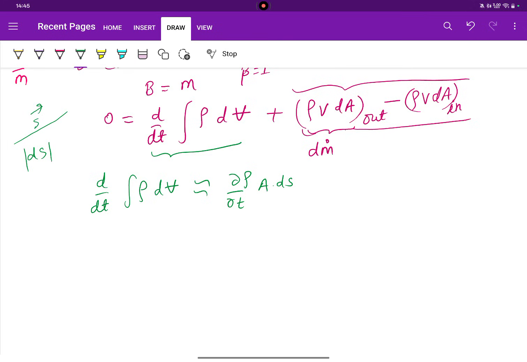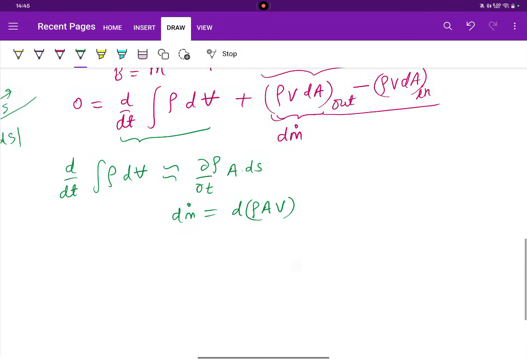And then this dm element, what else we can write here? D of this is nothing but rho A B. So what we have here, dm, this d rho A B is equal to minus del rho by del t into A ds.